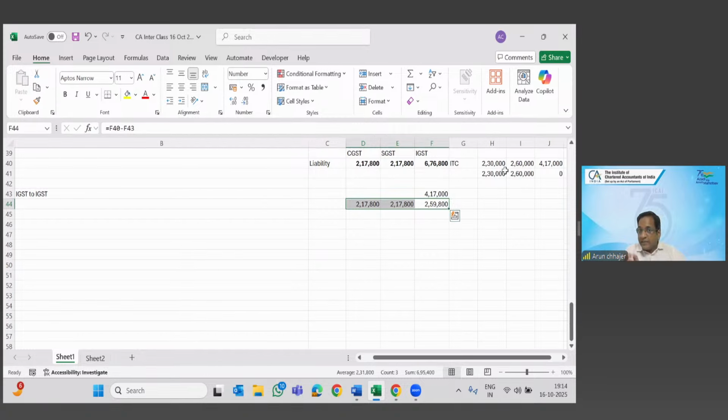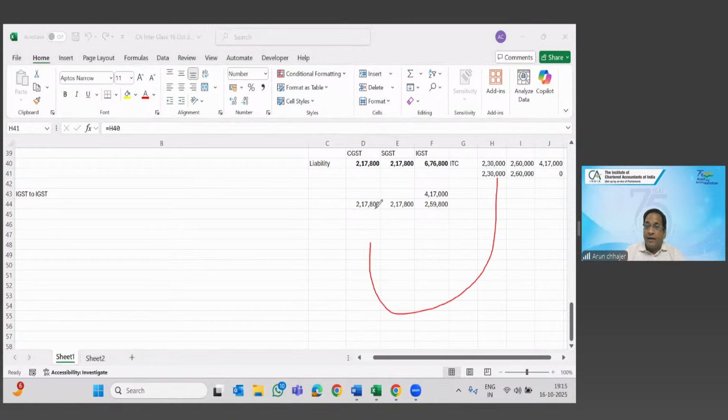Now tell me, 2,30,000 would be used toward which liability? 2,30,000 जो CGST का ITC है, वो किसके लिए यूज होगा? वेरी इंपॉर्टेंट क्वेश्चन, बिलीव मी फ्रेंड. क्वेश्चन इंपॉर्टेंट क्यों है? ये 2,30,000 रुपए पहले सी की लाइबिलिटी के लिए यूज होगा या पहले आई की लाइबिलिटी के लिए यूज होगा? Tell me. Very important question.